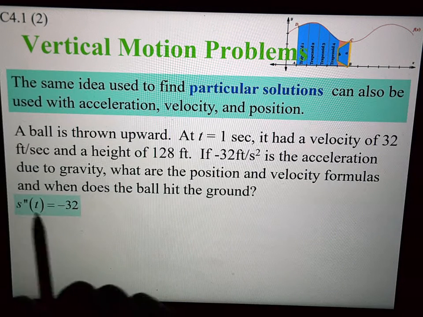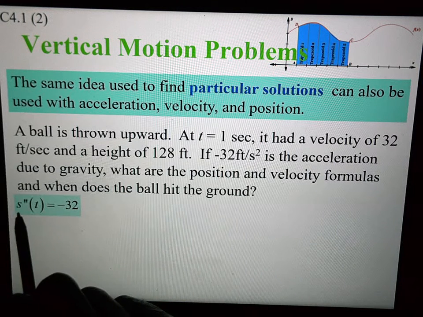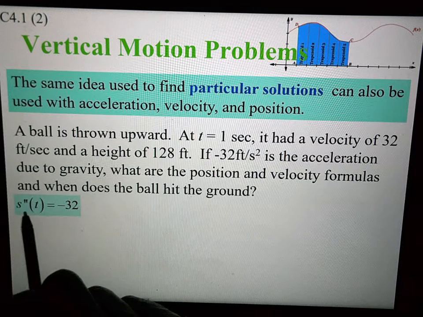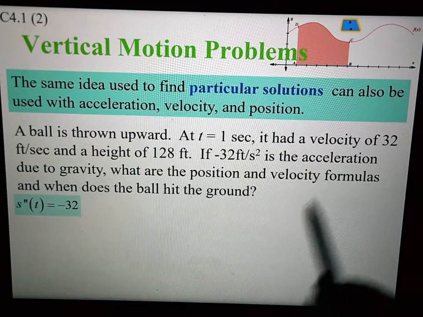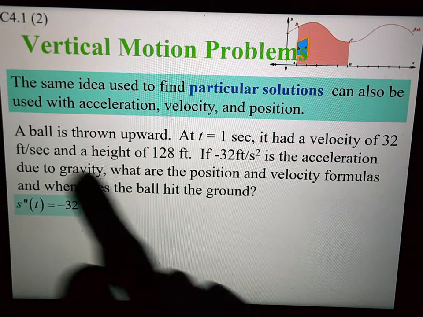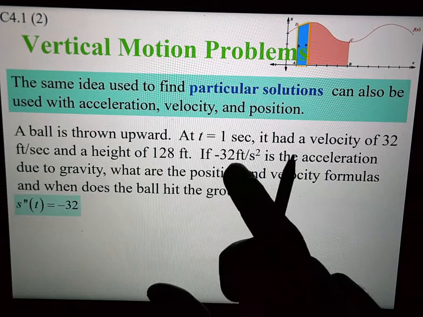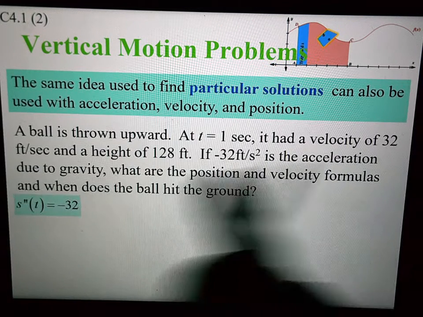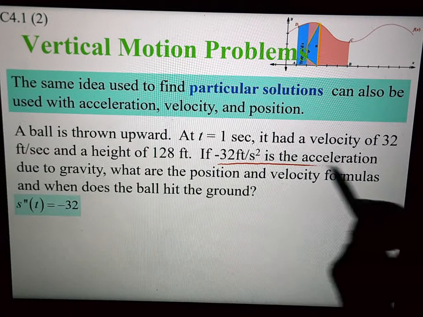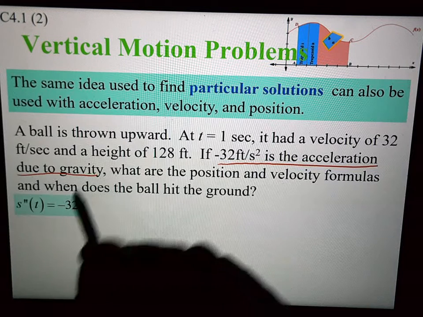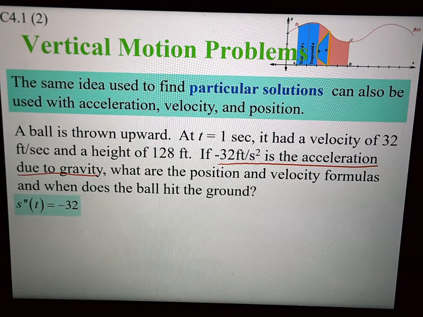So I start off with the second derivative, s double prime of t equals negative 32. If negative 32 feet per second squared is the acceleration due to gravity, this piece tells me what my second derivative is.